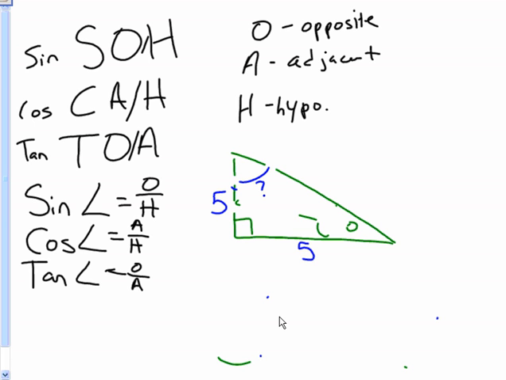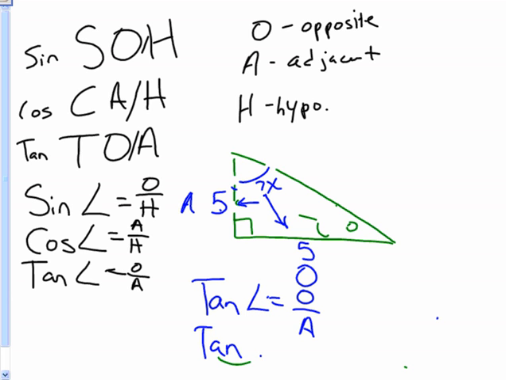So let me show you that SOHCAHTOA works. Here's my angle, right? From this angle, what is that and what is that? This is opposite. This is adjacent. Which one has O and A in it? TOA. So the tangent of the angle equals the opposite divided by the adjacent, or the tangent of what?